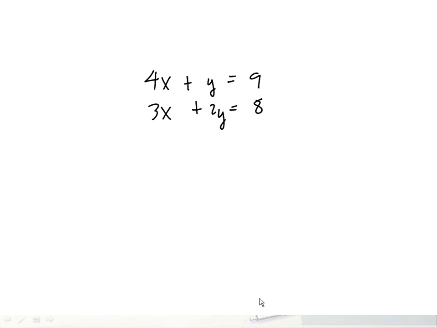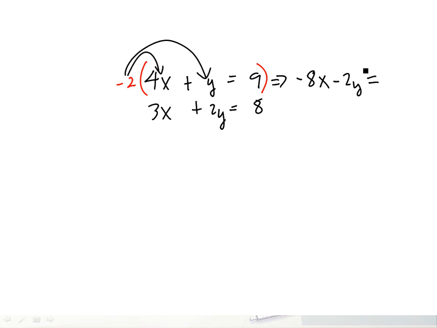Let's multiply the first equation by negative 2. Doing so, we get negative 8x, negative 2y equals negative 18. And I'm going to rewrite 3x plus 2y equals 8.